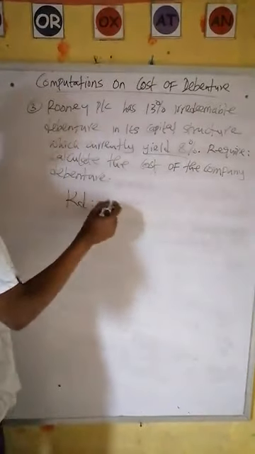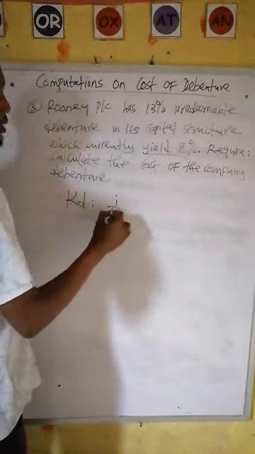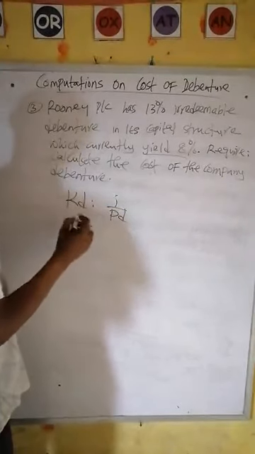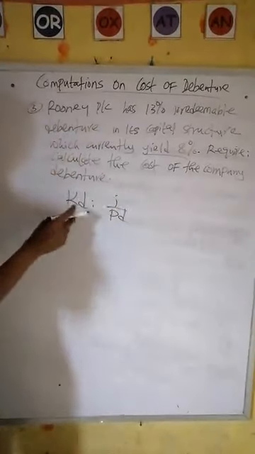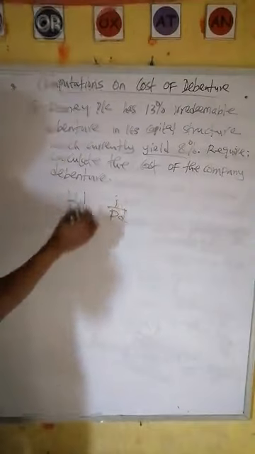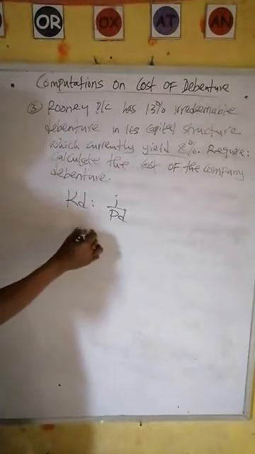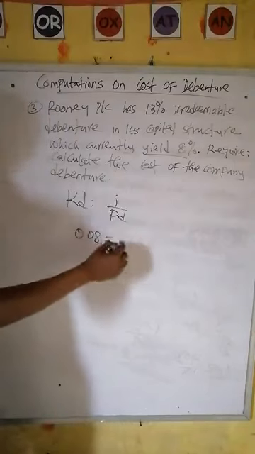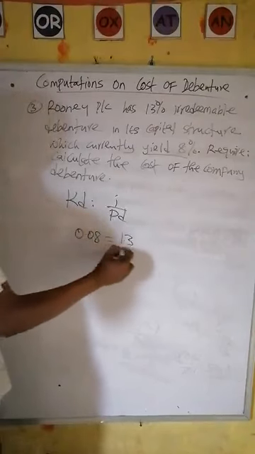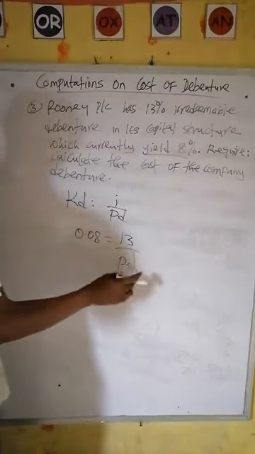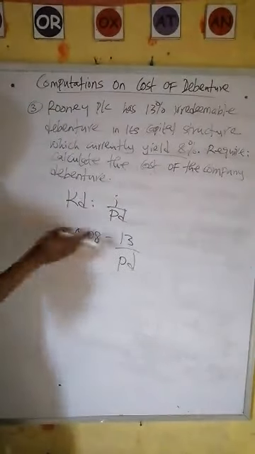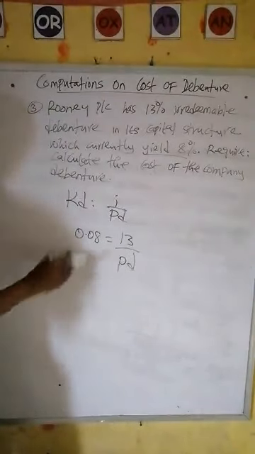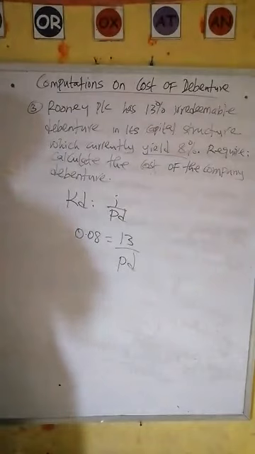So, I all over PD, which is equal to the yield, the cost of debt, which is 8%. That is 0.08 equals I. What is our interest? 13, all over PD. That is what we are looking for, the price of debt. So what you have to do is cross multiplication.